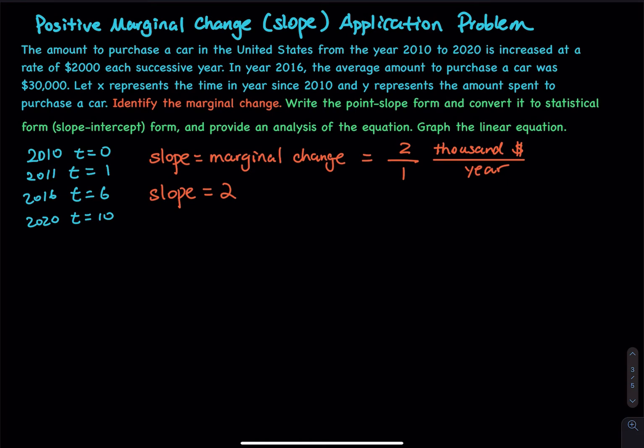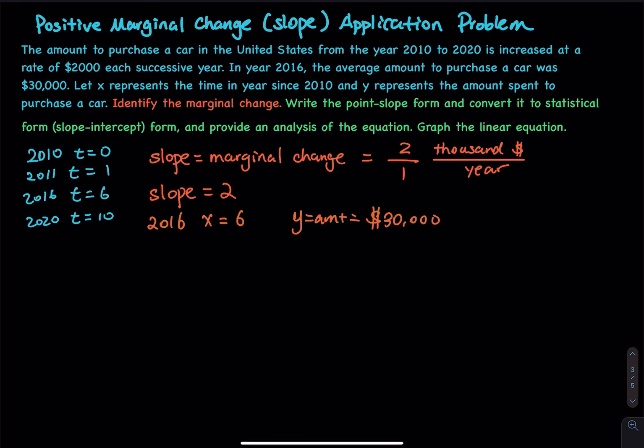And then in 2016, the amount was $30,000. So here is how we write it. In 2016, that means t equals 6, or we should call this x equals 6, since that is the x variable. And then the y, the amount, equals $30,000.